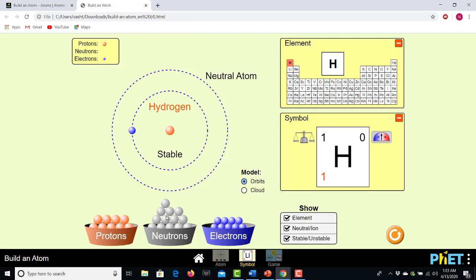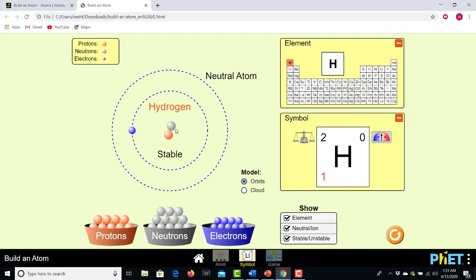The natural abundance of protium is 99.985%. So 99.985% of all of the hydrogen that we find in nature is protium. It's the protium isotope.